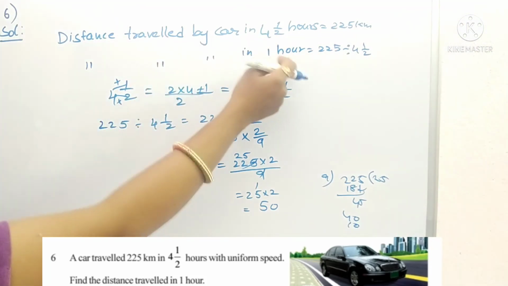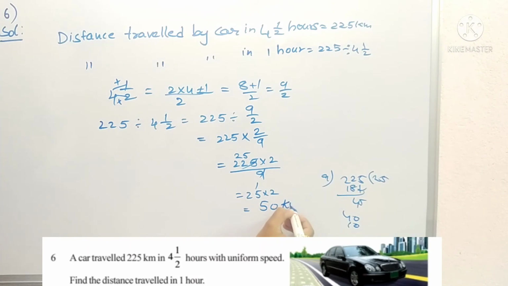Distance travelled by car in 1 hour. So it is kilometers. So therefore distance travelled in 1 hour by car is equal to 50 kilometers. Okay. So this is our sixth one.